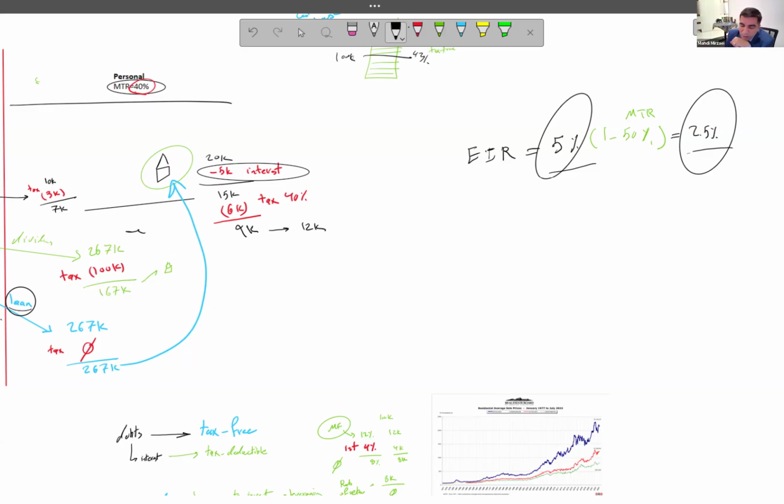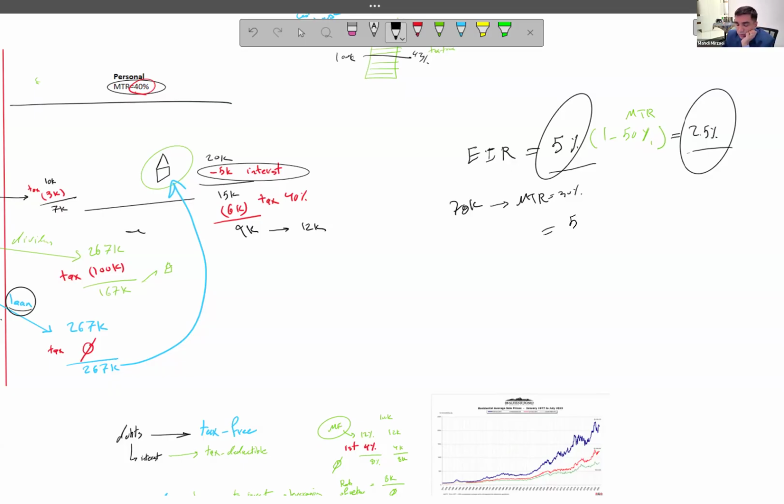So let's say that the person's MTR is not so high. Let's say that the person's income is 70,000, which is normal income here in Canada. So the MTR for this one is about 30%. So this guy has got a loan and invested the loan.